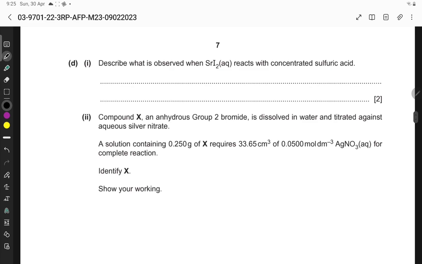Describe what is observed when strontium iodide reacts with concentrated sulfuric acid.